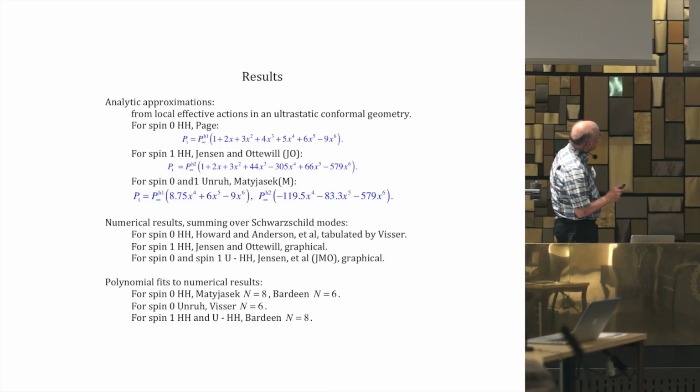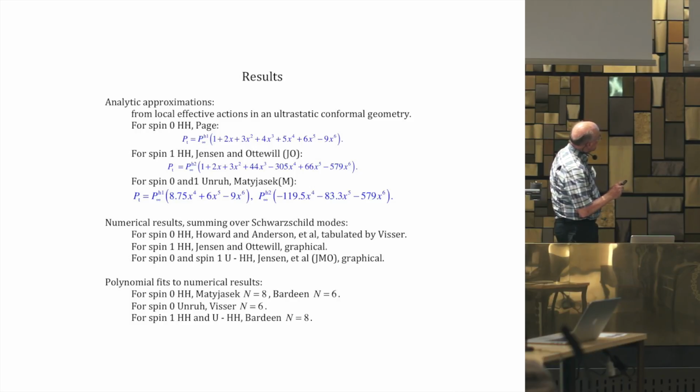Anyway, so polynomial fits for spin zero Hartle-Hawking, making this so-called strong thermal hypothesis, you got a reasonable fitting at n equal 8 rather than n equal 6. And I found if you don't make the strong thermal hypothesis, you get an even better fit with n equals 6.